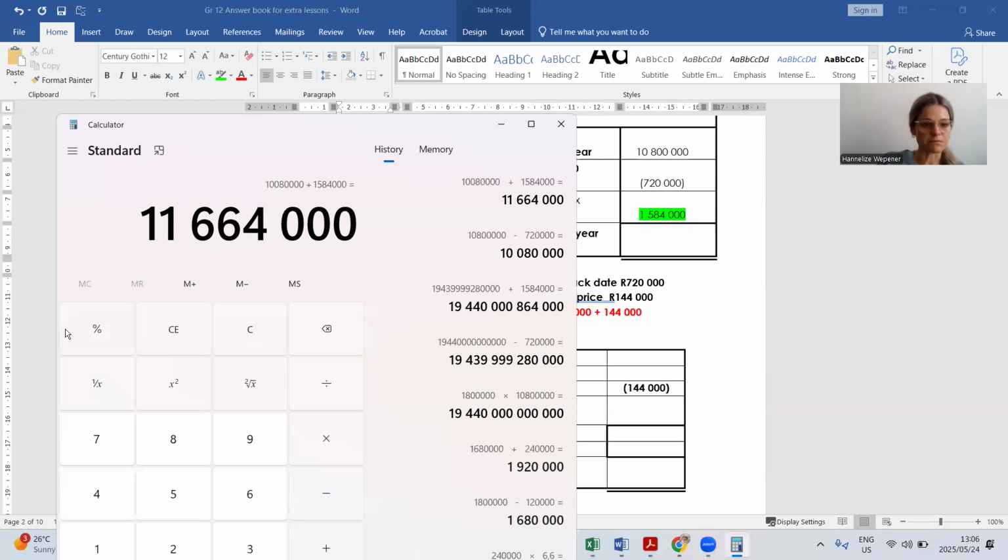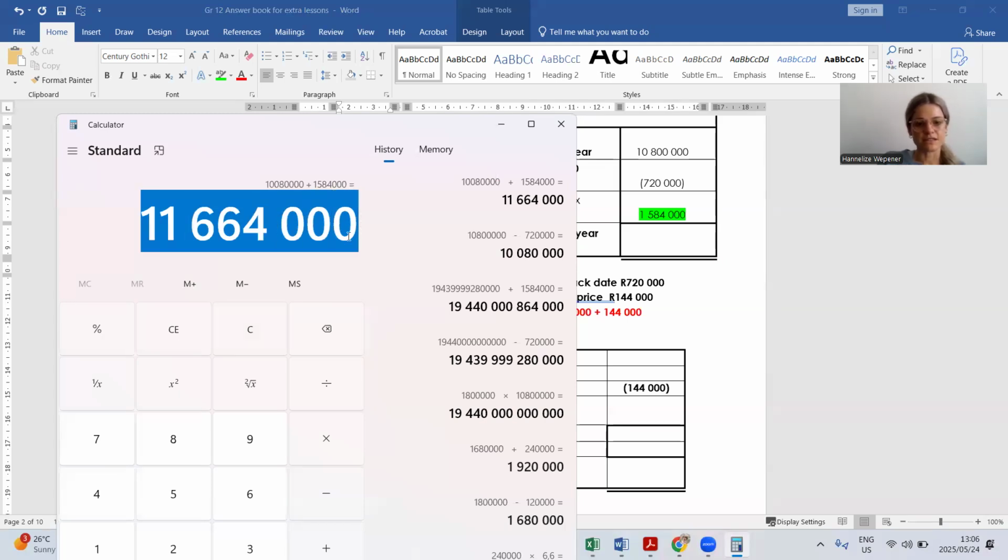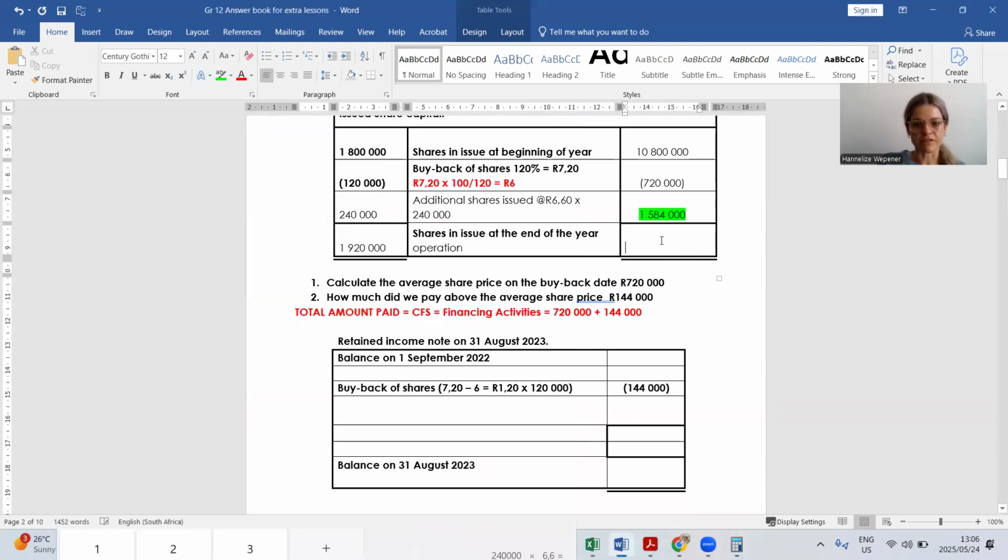So this is the amount that I have in my ordinary share capital note. And then this will be in my SFP for my ordinary share capital. So this is the final amount for the SFP.